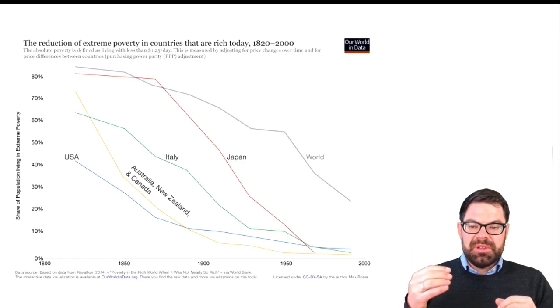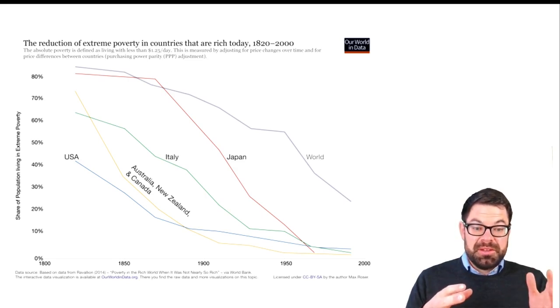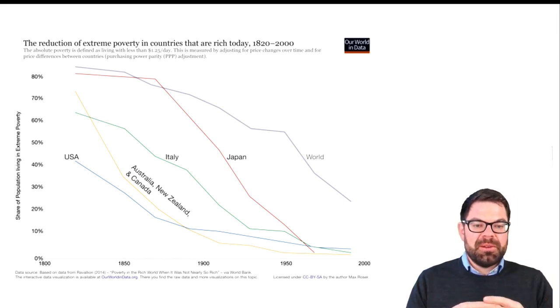So for example, here you see poverty rates from the mid 1800s to the early 2000s. And so they compiled all sorts of data on economic development.